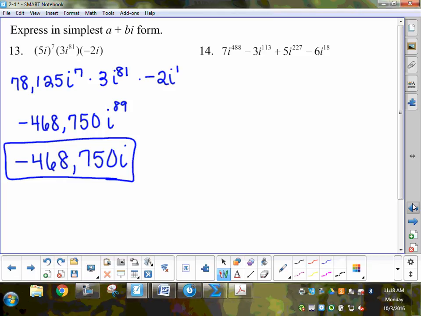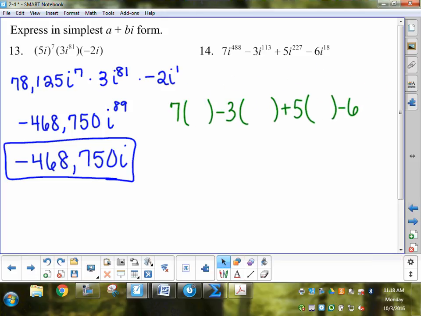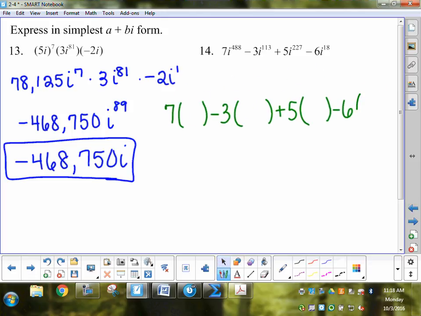Third row, you have i to the 227th power, and you here, tell me what i to the 18th power is going to be. So hands up, please, when you have what this is going to simplify down to be. We got one person. Oh, come on, wake up. Two of us, three.